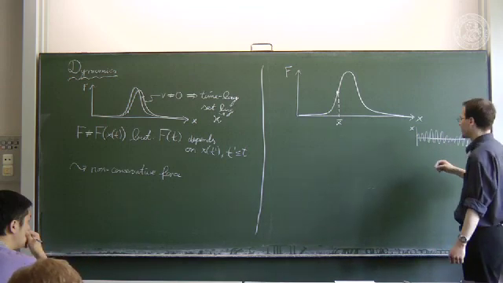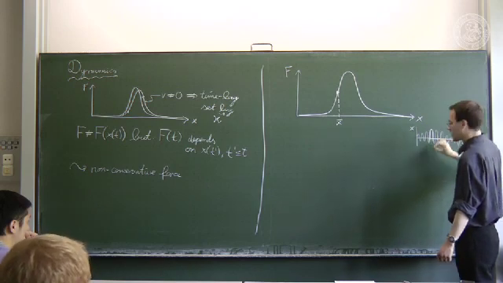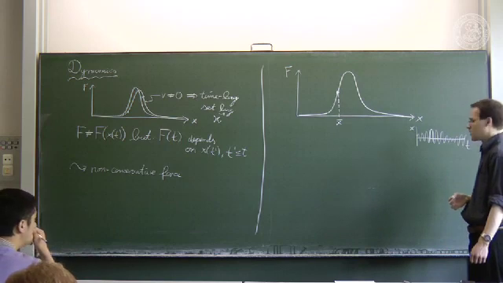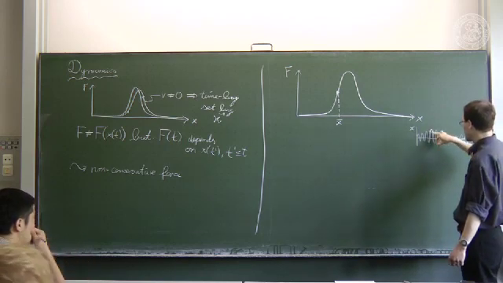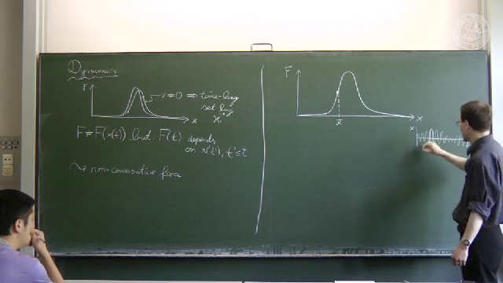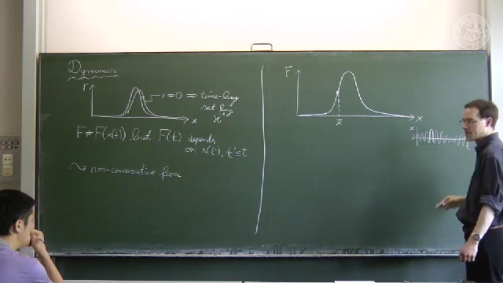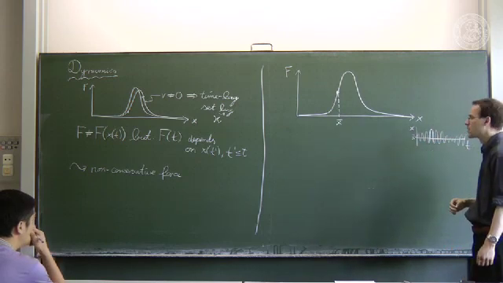And now I just want to follow what happens during one such cycle of oscillation, say from here to here. So I essentially just go back to the same position. This line, by the way, would be the equilibrium position, and then we have these oscillations around the equilibrium position.